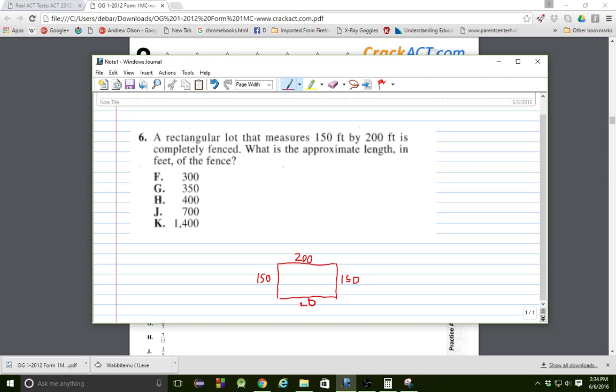All we have to do now is to find what is the approximate length in feet of the fence. So it's completely fenced. Well, what they're asking for here is the perimeter. You have to know that. They're asking for the perimeter of this rectangle.